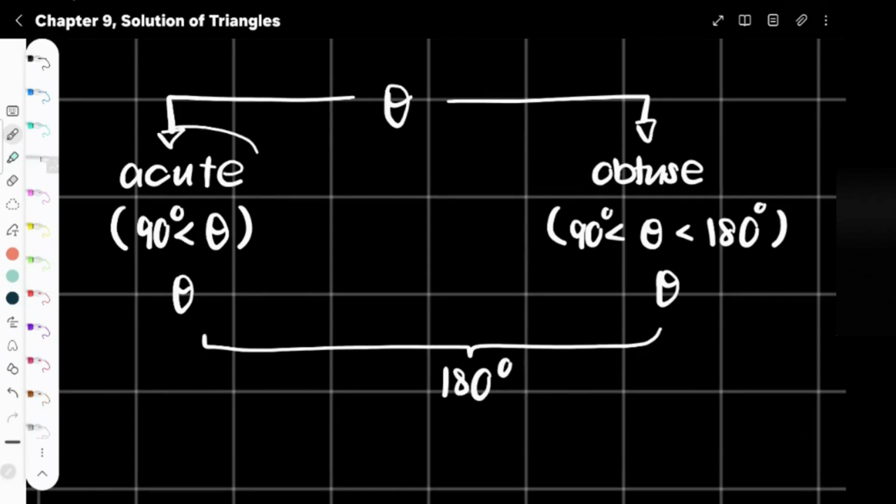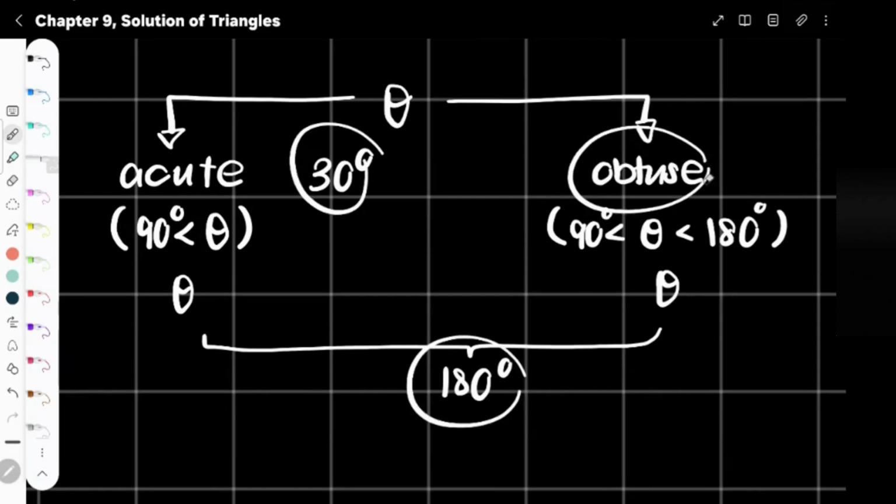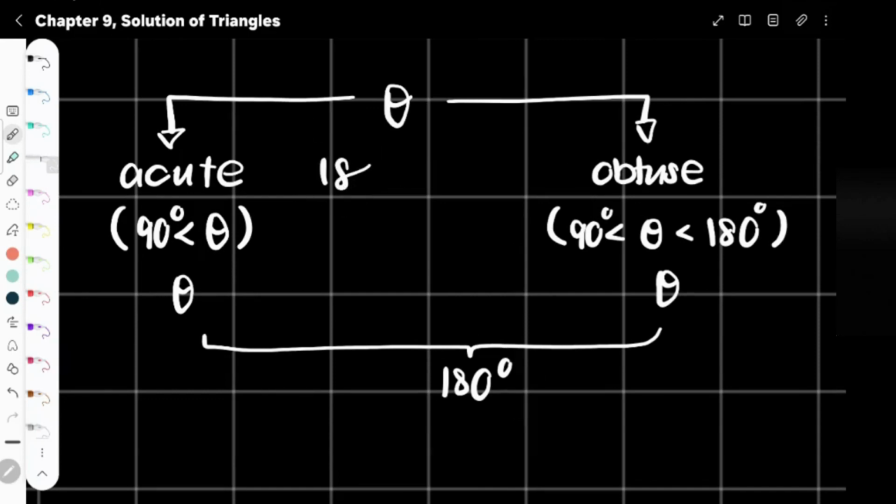If you get an acute angle, for example 30 degrees, and they ask you to find the obtuse angle, come on, this 180 minus this one, you will get the obtuse angle. It's very simple. So you will get 180 minus 30, which is 150. So the obtuse angle will be 150. Just use common sense, right?